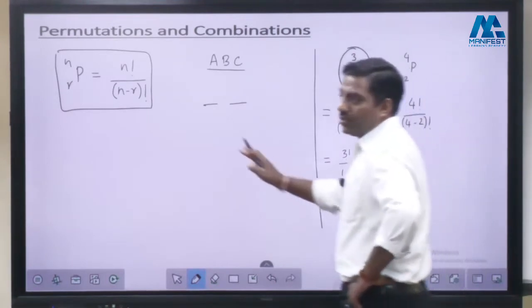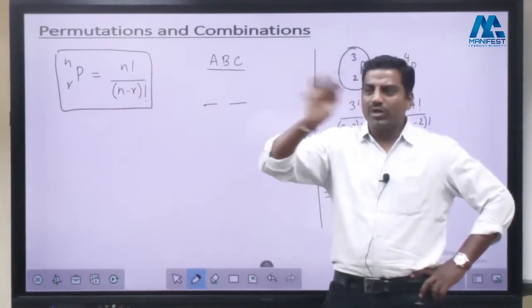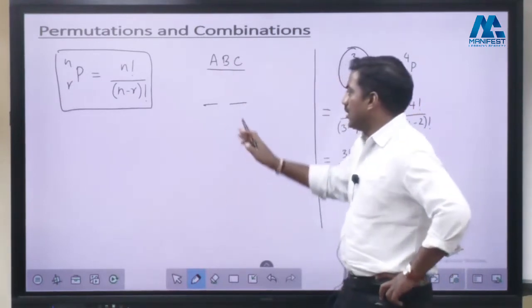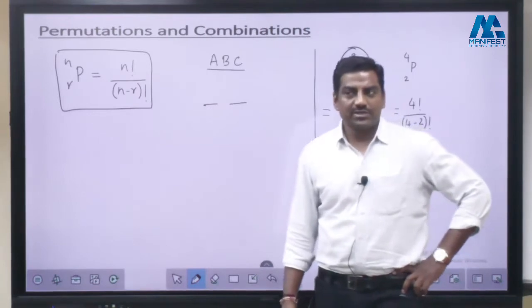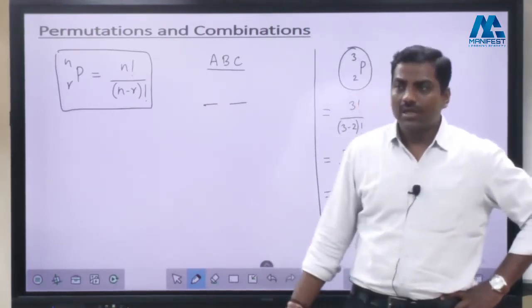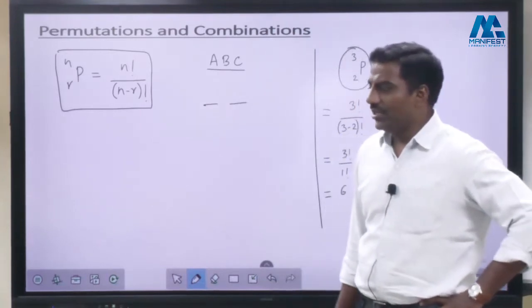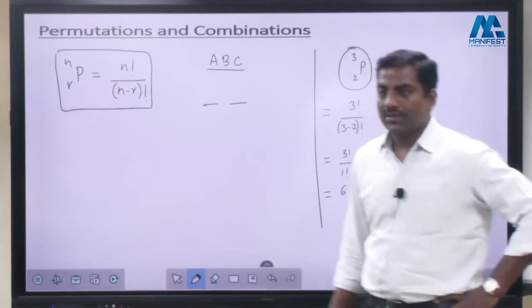Now just think, don't think of this formula, don't think of 3, don't think of 2 factorial, nothing. Captain's position has to be filled. Who are eligible to become captain here? All. A, B, C, is there any restriction? No. So in how many ways can I make a captain?